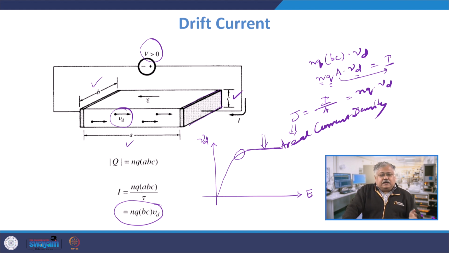As a result, a time will come when the forward force on the charge carriers is exactly equal to the force pushed back by the scattering, and when they become equal, there is no acceleration. This is referred to as the drift velocity versus electric field graph, and it gives you a fair idea that at some critical electric field, EC, the drift velocity becomes independent of the electric field and constant.